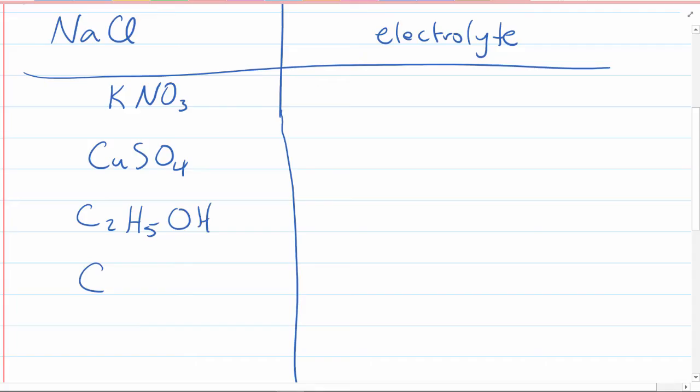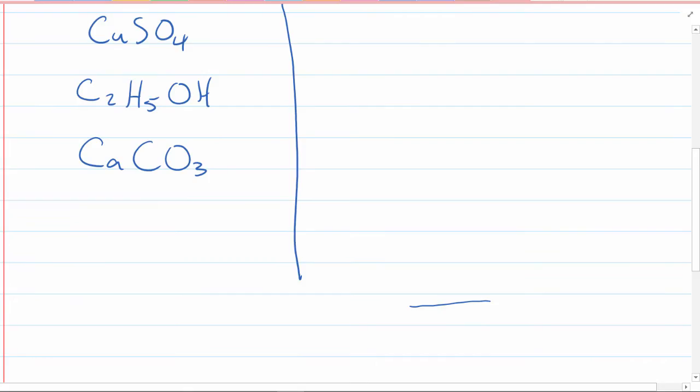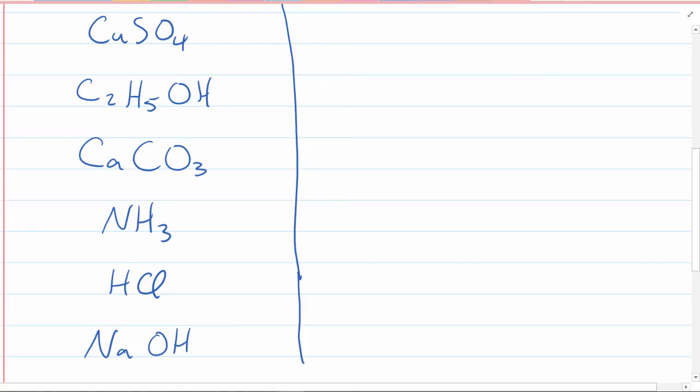We've got CaCO3. We've got NH3. We've got HCl. And we have NaOH. And we want to see whether or not these substances are electrolytes or not.